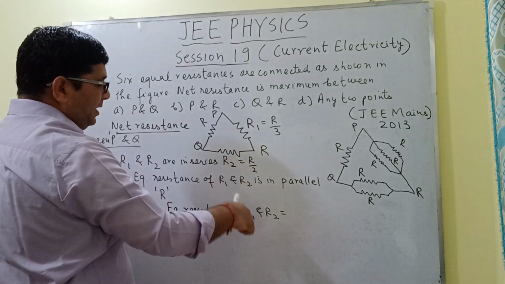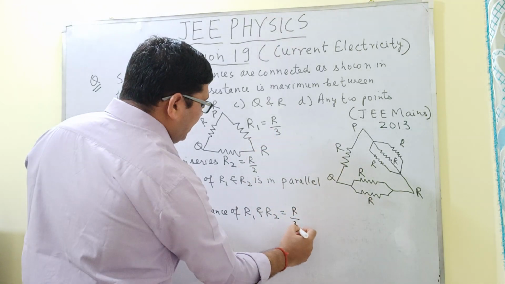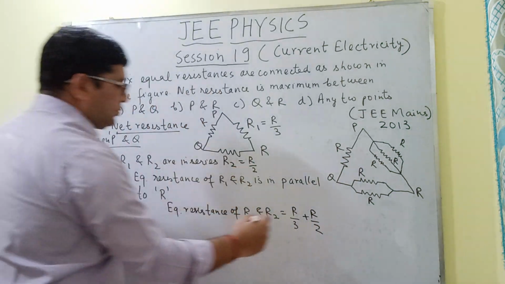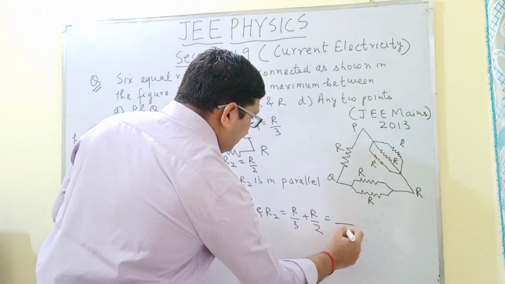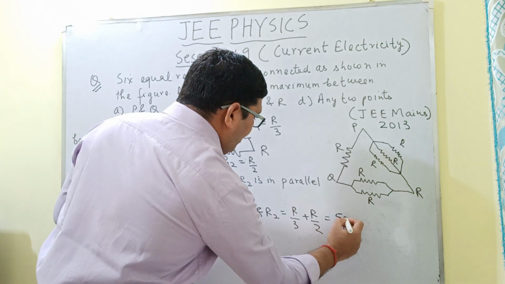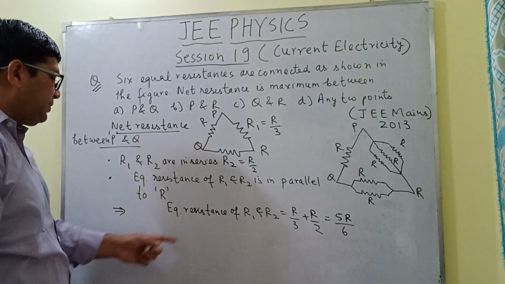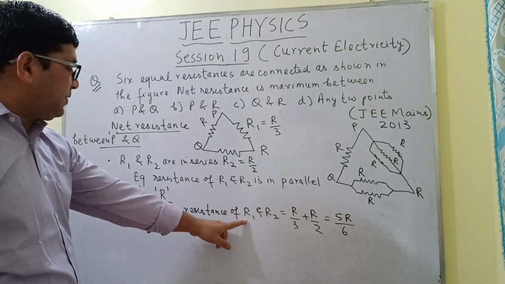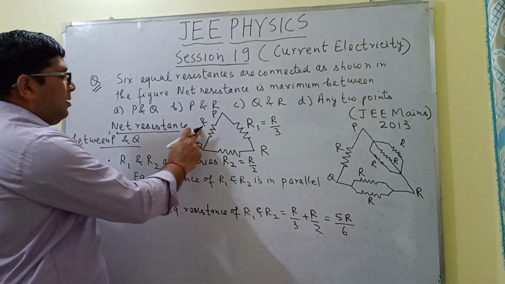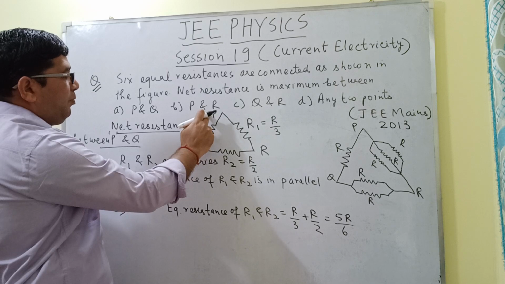So R1 plus R2, the equivalent resistance will be equal to R by 3 plus R by 2. So this is equal to 5R divided by 6. So this is the equivalent resistance of R1 and R2, and this is in parallel to this resistor R, which is connected between the point P and Q.